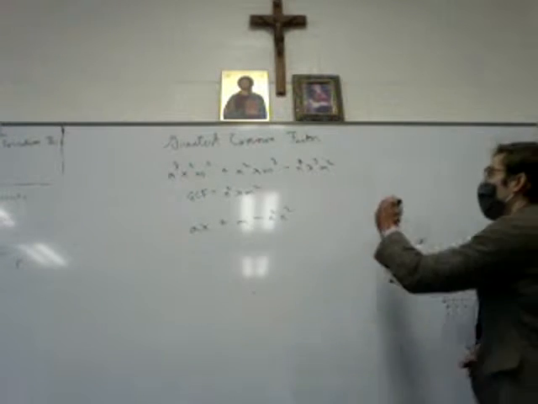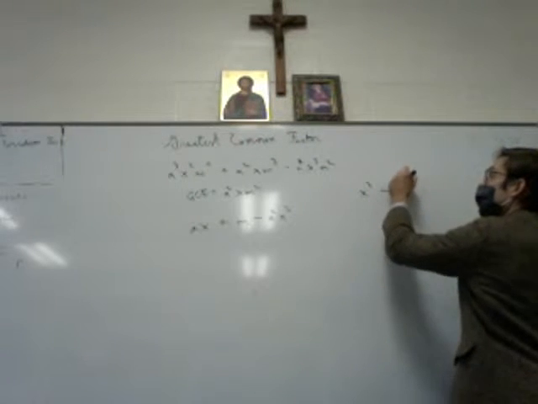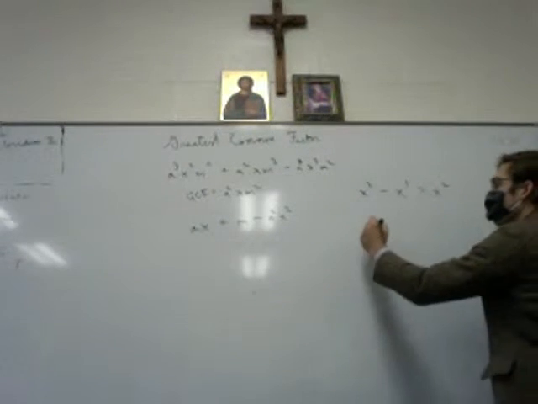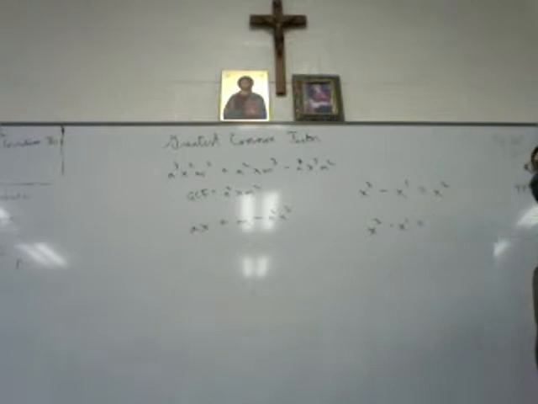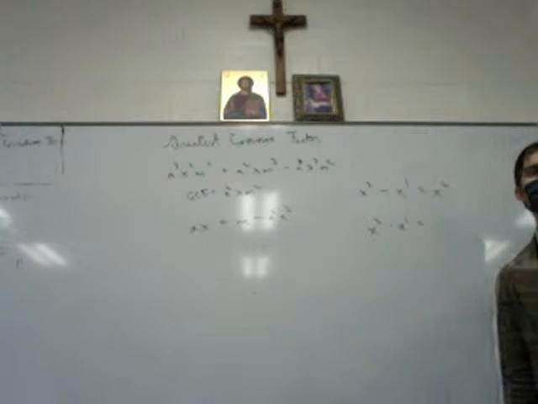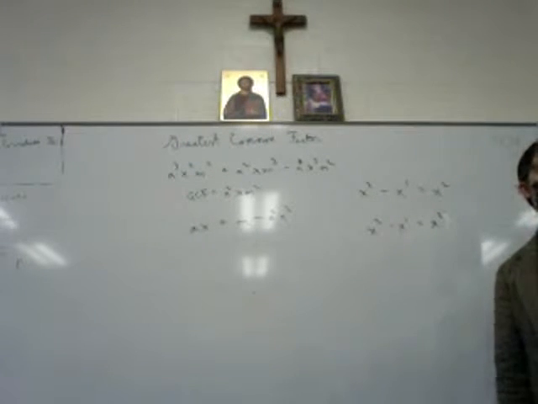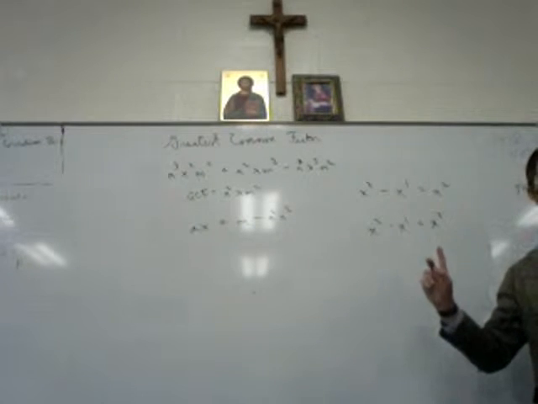I got x squared, I didn't get 2. Right, remember when we multiply, what would happen if we multiplied x squared times x? What do we do to the exponents if the bases are the same? We add them, so that will give us x cubed. Yeah, we added it and then it should be subtracting. We're adding the exponents.